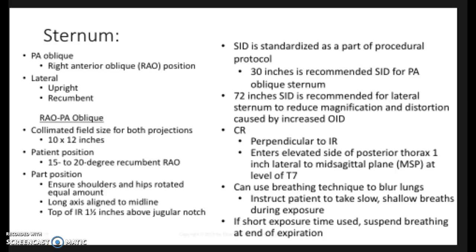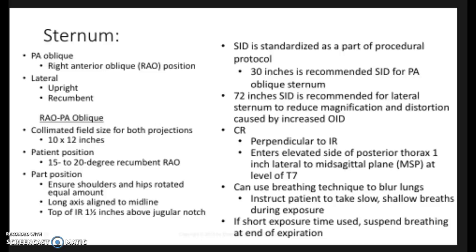Sternum. If you ever see one, you maybe only see it once or twice in your career, but they're very difficult to get right. When you're positioning for the sternum, it's usually two views, the PA oblique, RAO position.